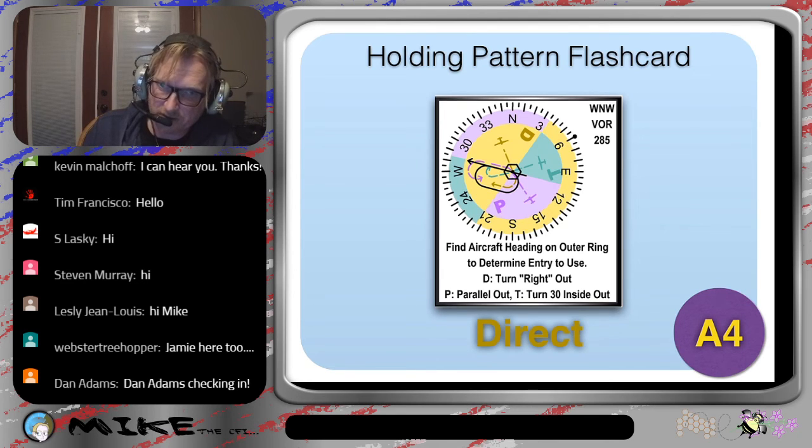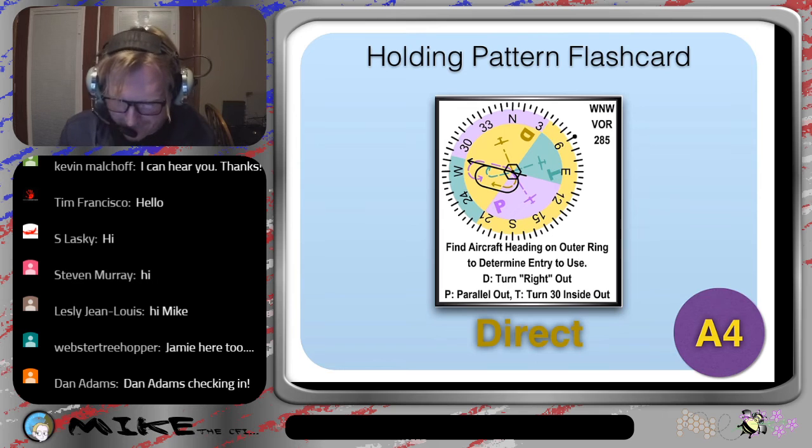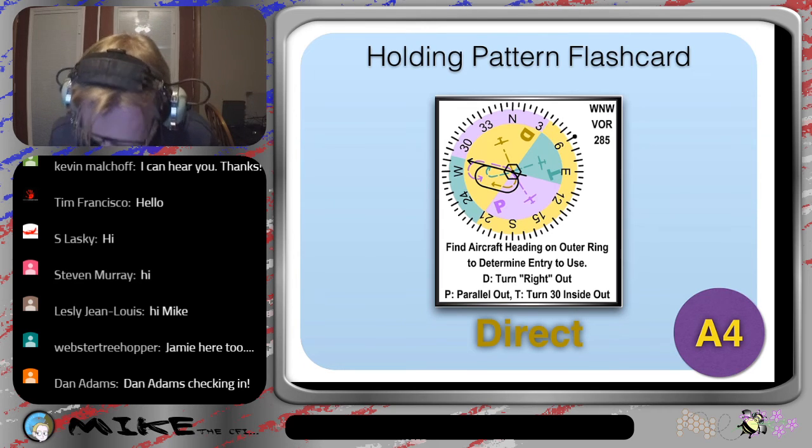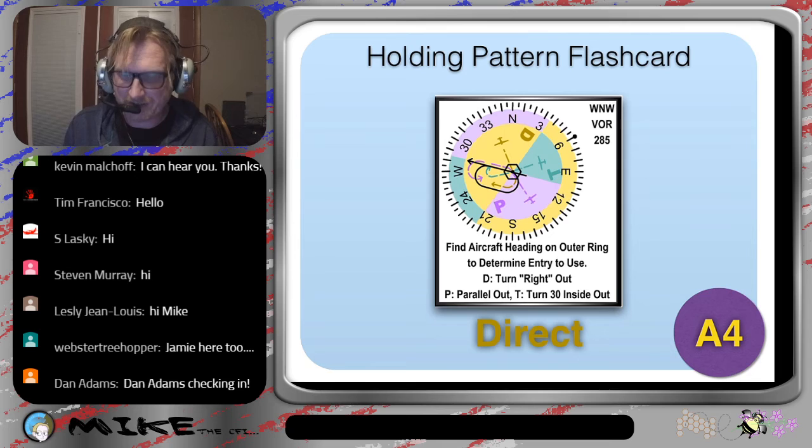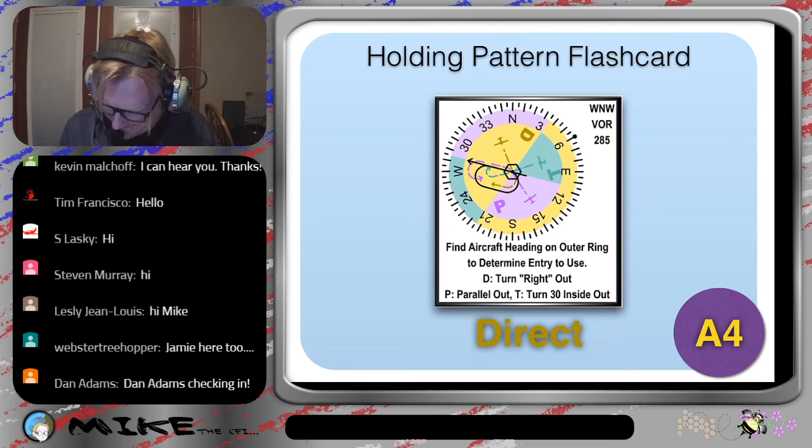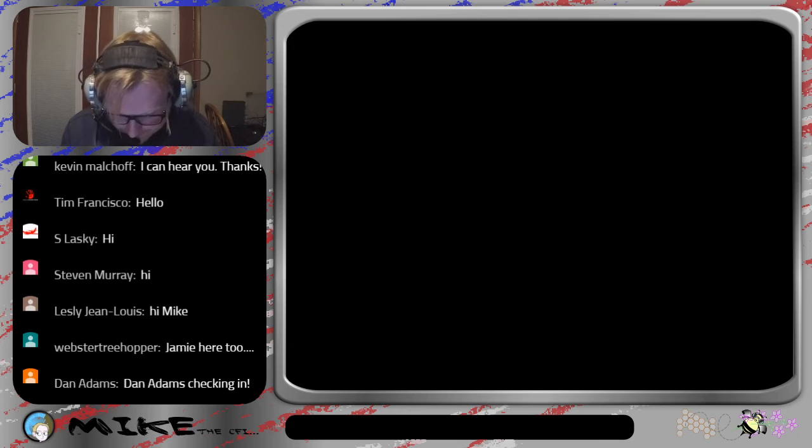Hopefully you can see I'm trying to sell that heading indicator technique as the fastest option. Now, sometimes you gotta be careful because they could be some tricky ones.